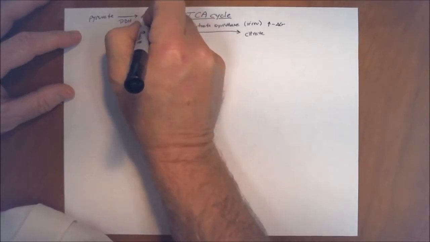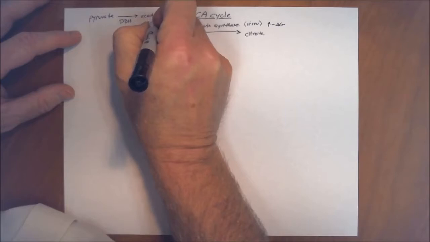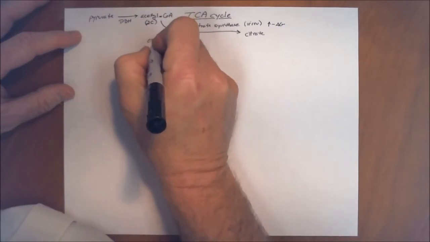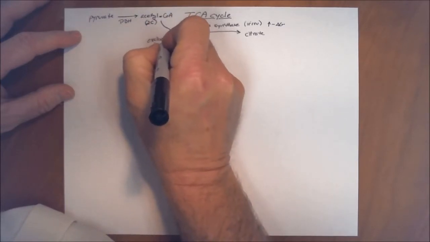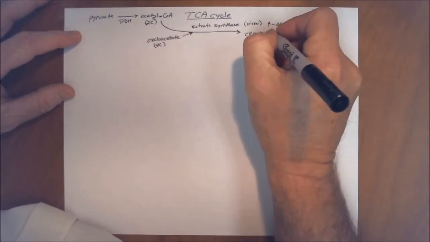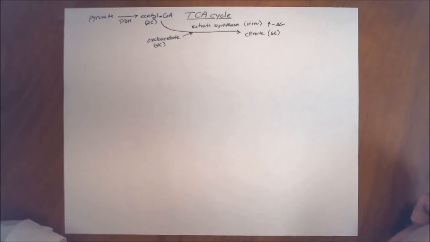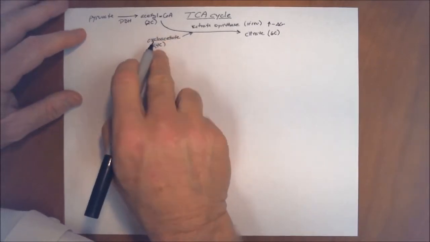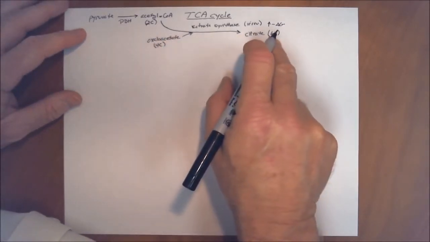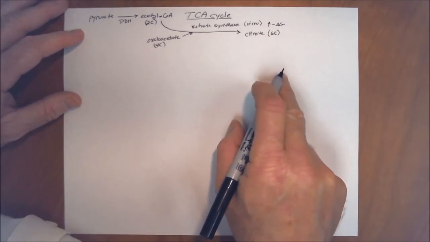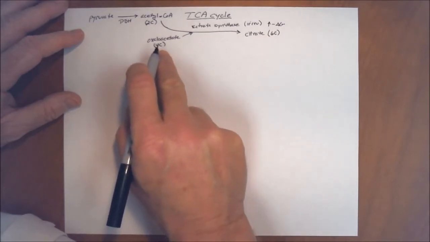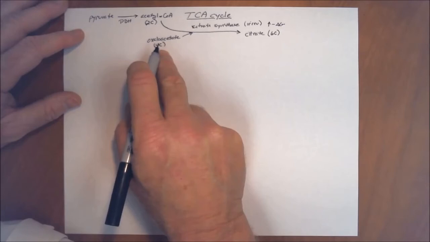The other thing to note is that acetyl-CoA is a 2-carbon molecule, oxaloacetate is a 4-carbon molecule, and citrate is a 6-carbon molecule. So we are adding 2 carbons into the cycle, forming 6. So that means we're going to be losing 2 carbons in order to regenerate the 4-carbon oxaloacetate.